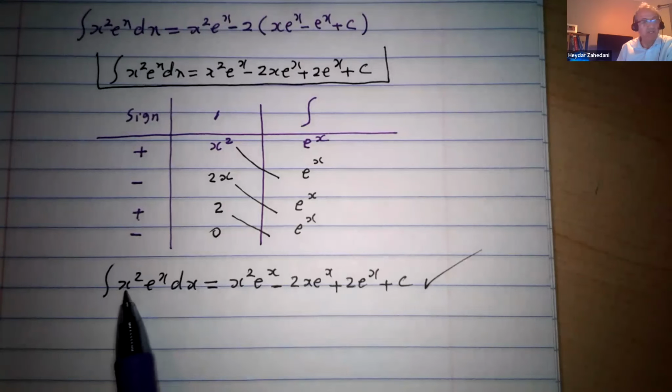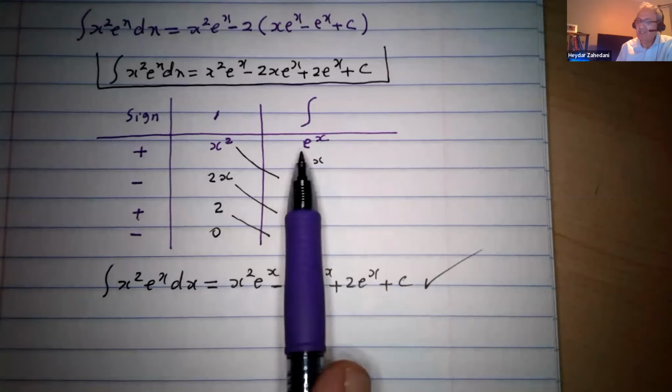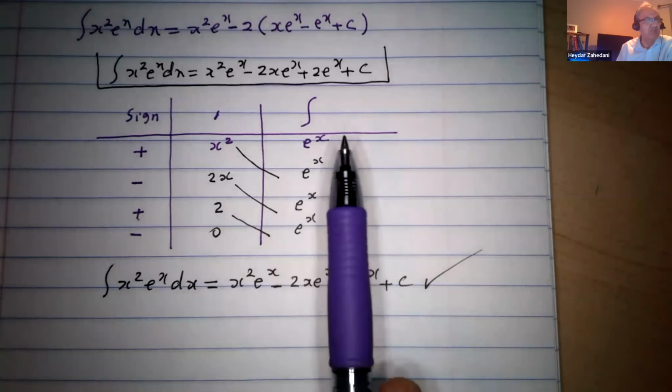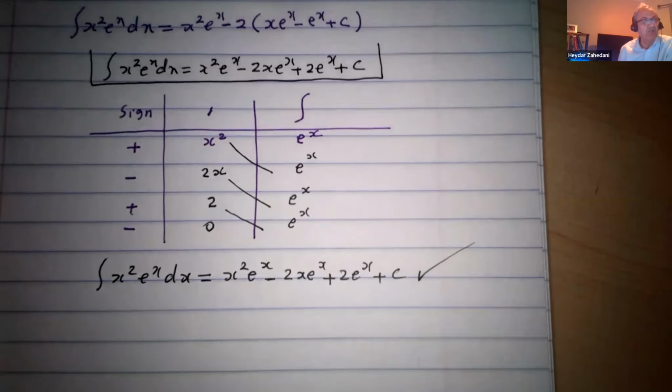It's just x squared here. When we get to the next chapter, we have something like x to the 4th, x to the 5th. This is e to the x. You can have e to the 3x, e to the 5x. So that would be such an important technique really. And if you're heading for some engineering discipline, this type of integration is going to be around forever. So you better learn this method.